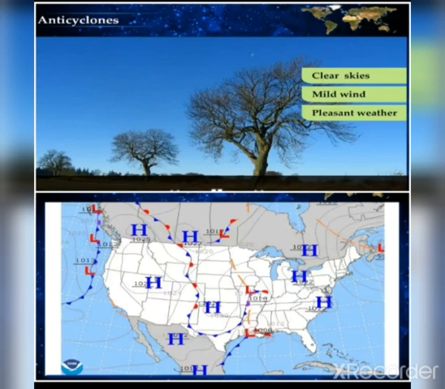During anticyclones, we can see clear skies, mild wind with pleasant weather. Anticyclones generally last for a few days or weeks. Such anticyclones originate in temperate zone. On weather maps, the center of an anticyclone is represented by the letter H. Winds in these regions are always moving out and hence the rainfall in such areas is quite low.